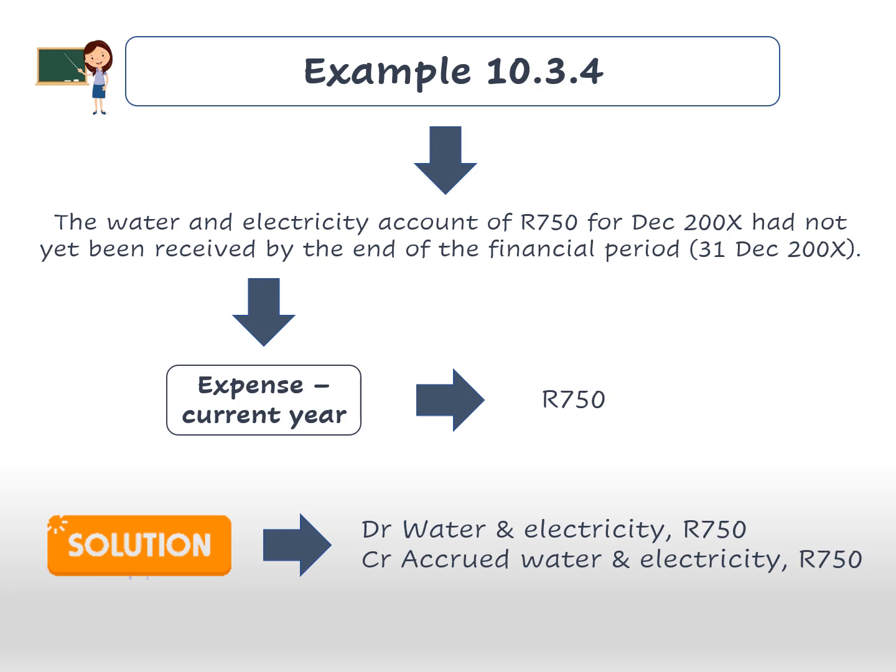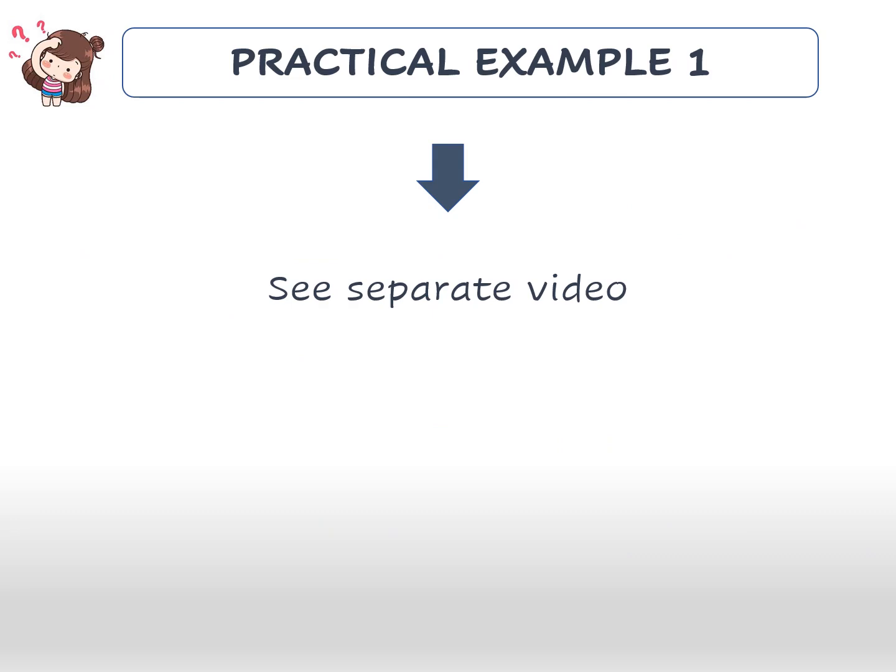And remember that this accrued water and electricity account goes to the statement of financial position. It is not an expense account. It is a statement of financial position account. And because it has been credited, we show that we owe someone that money, so it must be included under current liabilities. The practical example that looks at adjusting journal entries will be shown in a separate video.